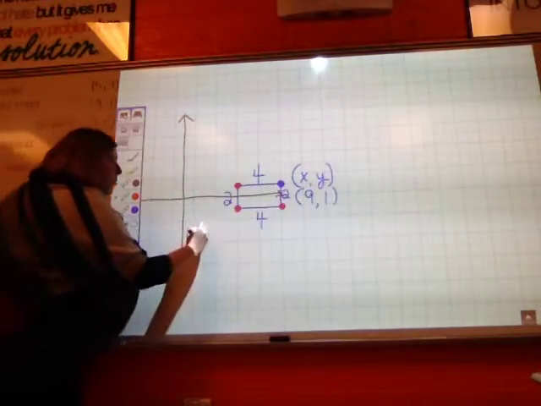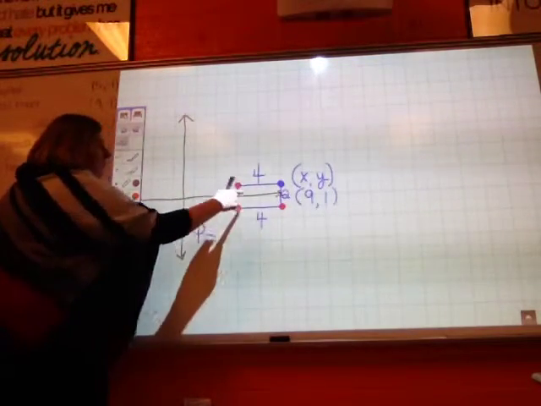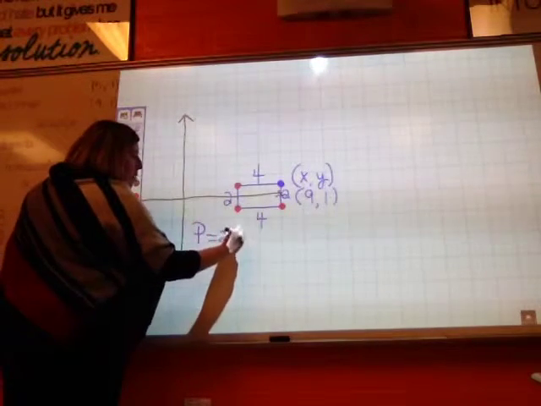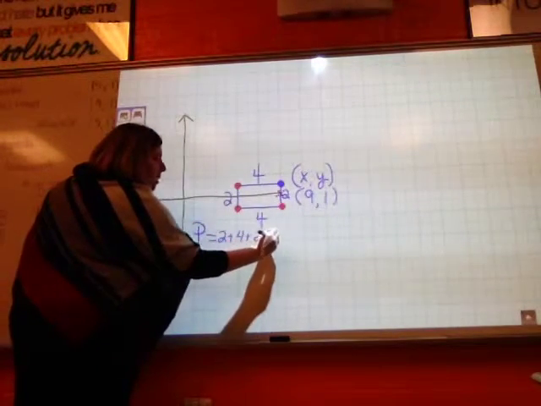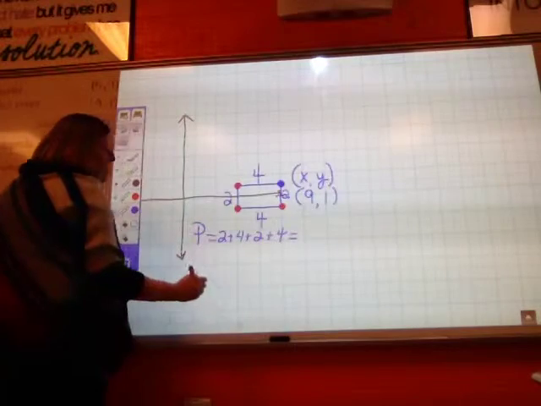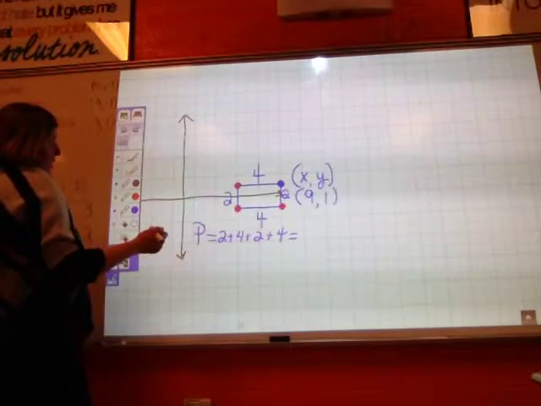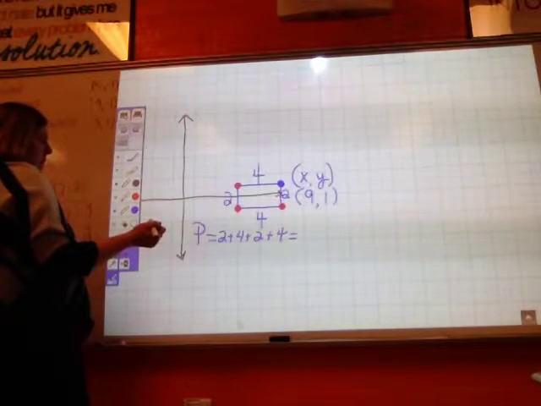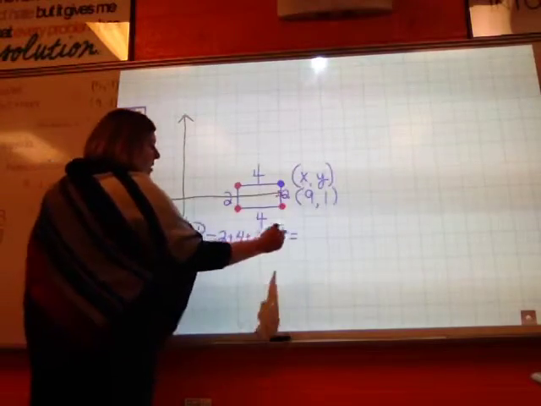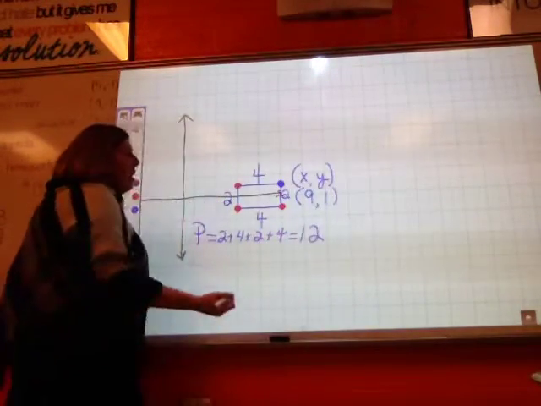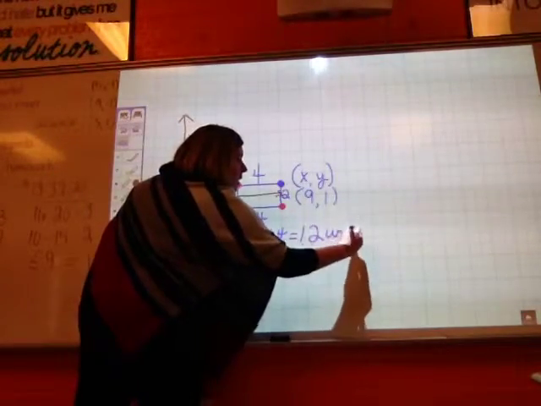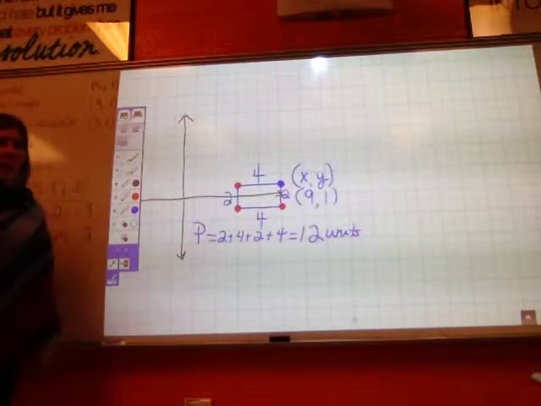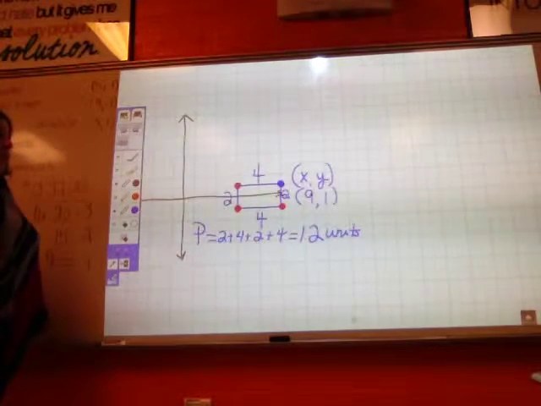So now to find my perimeter of that figure, I'm going to do 2 plus 4 plus 2 plus 4, which happens to get me 6 and 6, which is 12. All right, so that's going to get me 12 units as a perimeter. I don't know what units I've got, so my perimeter is 12 units.